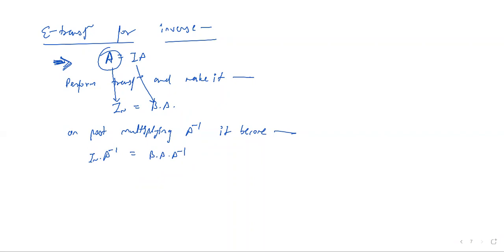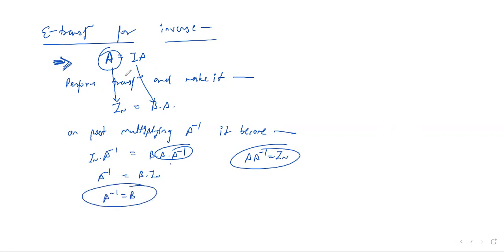As we know that A into A inverse is equal to identity, so this will be A inverse and this will be B into I, identity. Because it became identity, we will have A inverse is equal to B. So by applying the transformations, we will get the inverse of A, that is equal to B.